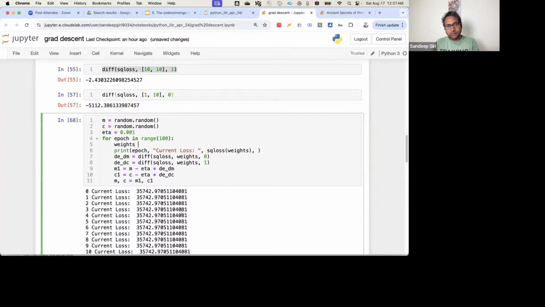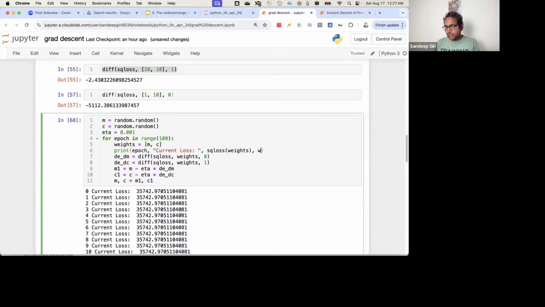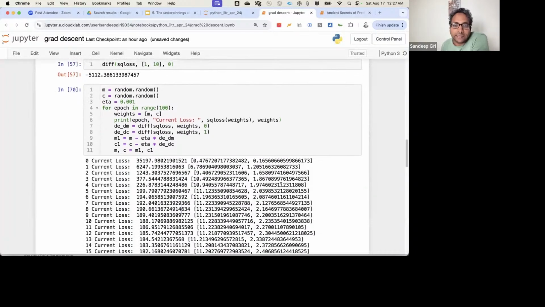Then I'm again going to put them in like this. Weight equals. I think this is a better way of dealing with it. I'm also going to print these weights. Let's take a look. Initially, the error rate was very high, 35,197, when M was this, C was this.